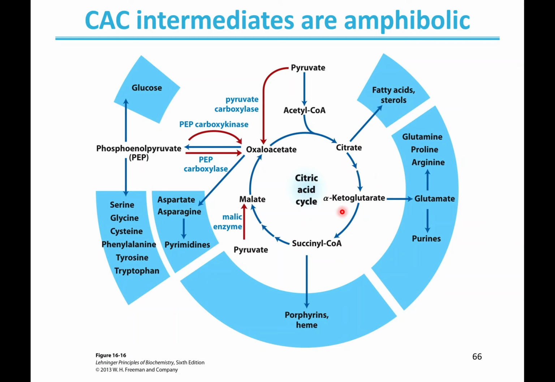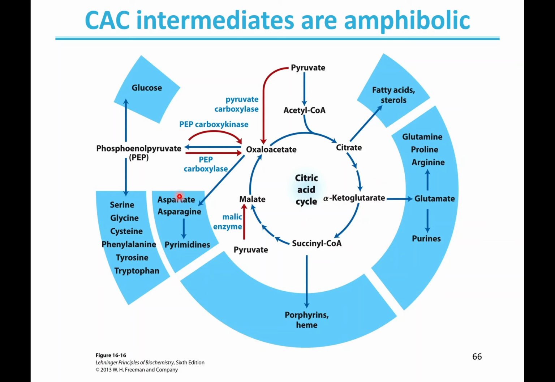There's many different branch points out of the citric acid cycle where you can make fatty acids or sterols with citrate. Things like alpha-ketoglutarate can be used to make glutamate, which is an amino acid. That then can be converted into other amino acids, or it can be converted into purines. Succinyl CoA can be used to make porphyrins, and a very important porphyrin is heme.